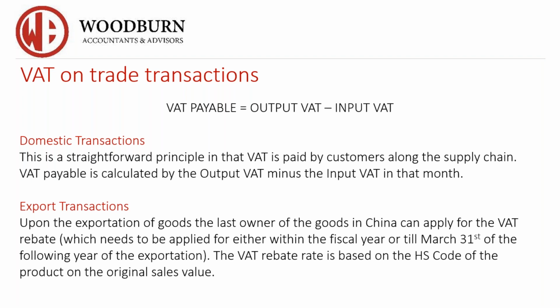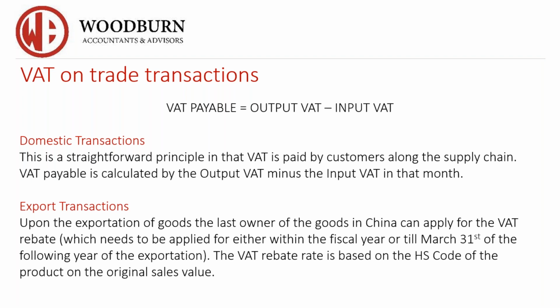So upon the exportation of goods, the last owner of the goods in China can apply for a VAT rebate. And the amount of that VAT rebate depends on the HS code of the product. With COVID-19, there have been further increases on the VAT rebates provided. So you've got to keep your eye out on those legislations.